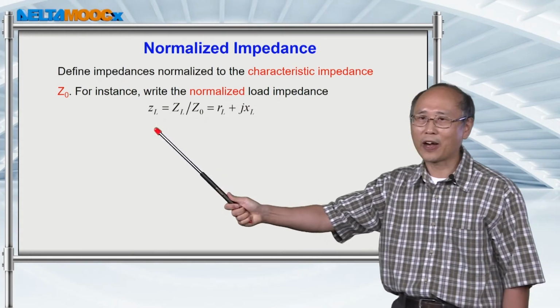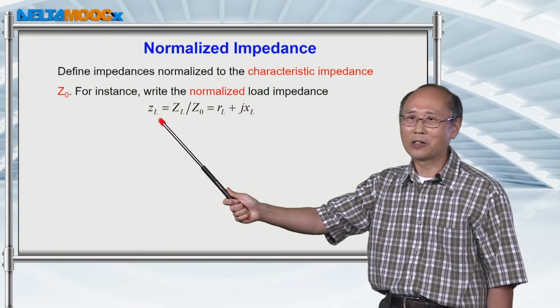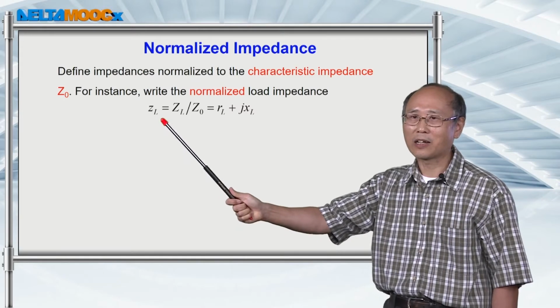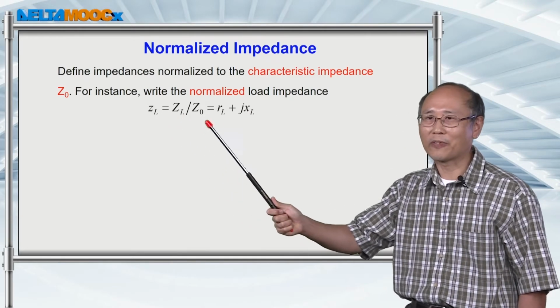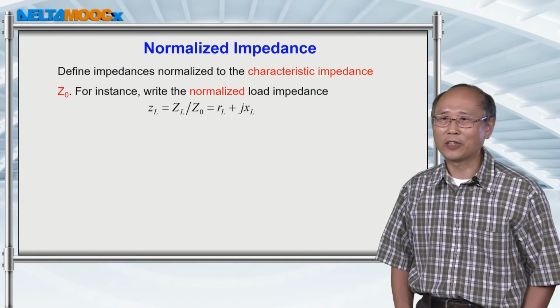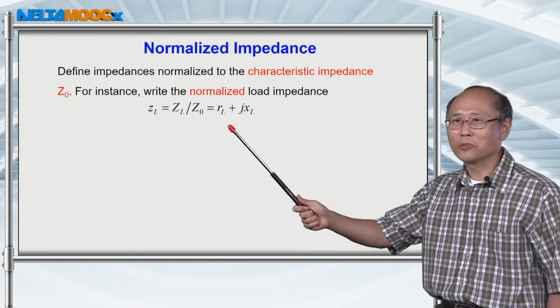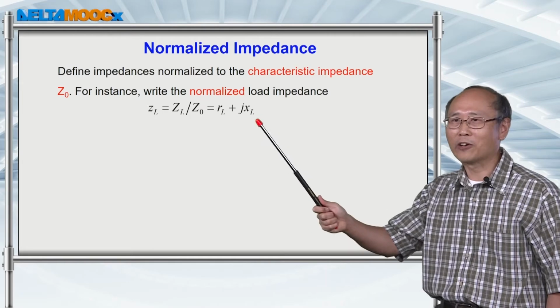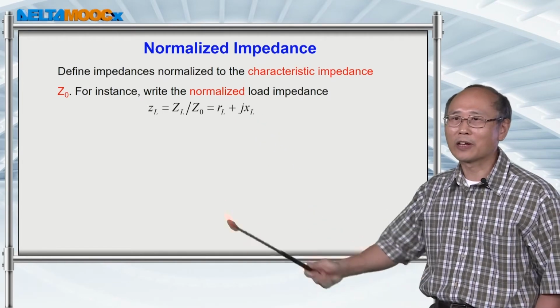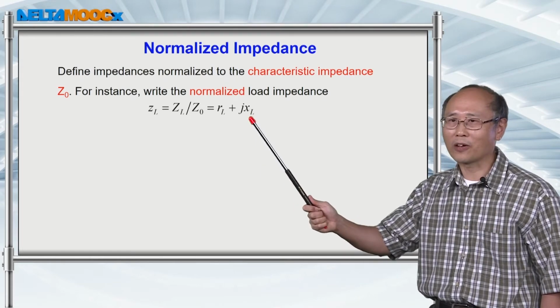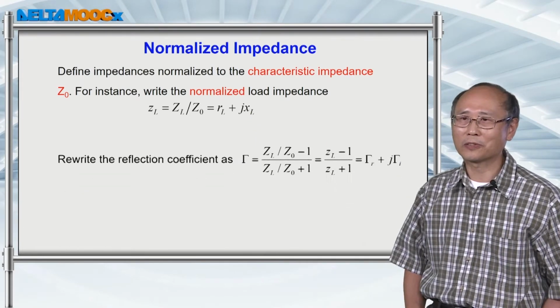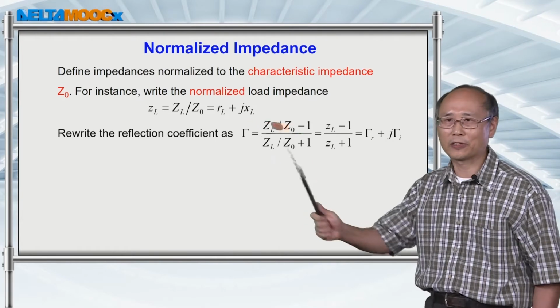Now we define the lowercase zL to be the load impedance divided by the characteristic impedance. Then we use lowercase r and lowercase x to denote the resistive part and the reactive part of the load impedance.